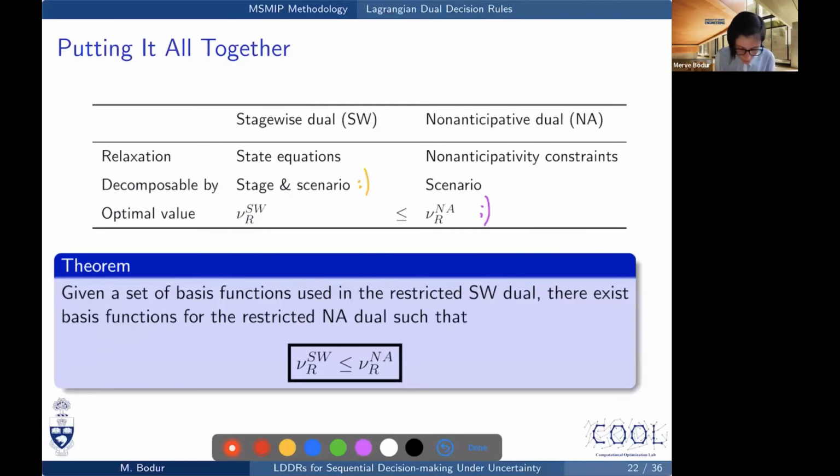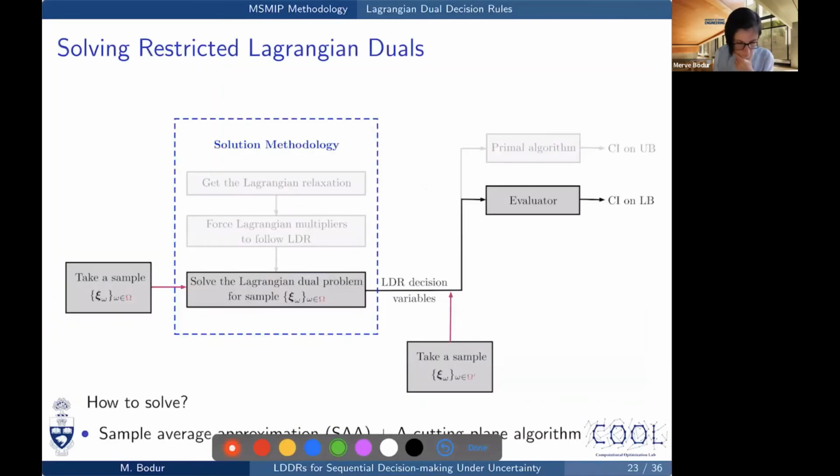Specifically, if you predetermine the set of basis functions for the Stagewise first dual, and then you give a fair chance to the second dual by determining the basis functions in such a way, then you can get a better lower bound from the non-anticipative dual. So it is technically stronger. It cannot be worse.